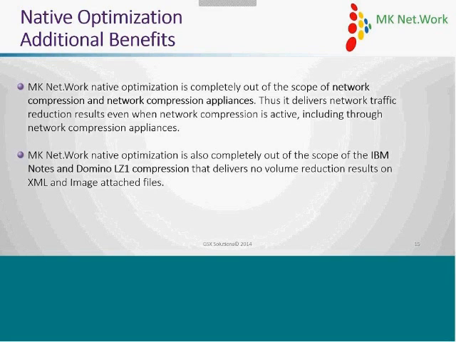What we do here is work from the inside of the file. So even if you have a network compression appliance, you will still get benefits on the network by using our products. It is also out of the scope of, for instance, the IBM Notes LZ1 compression, which delivers no volume reduction on XML and image attached files, for the same reason as the one explained for the network compression appliance.